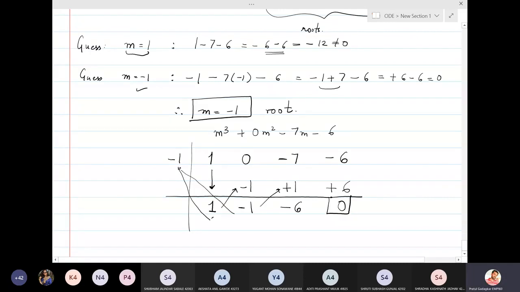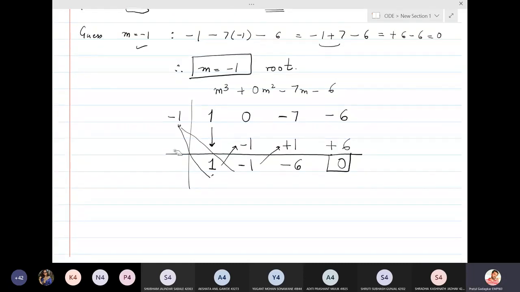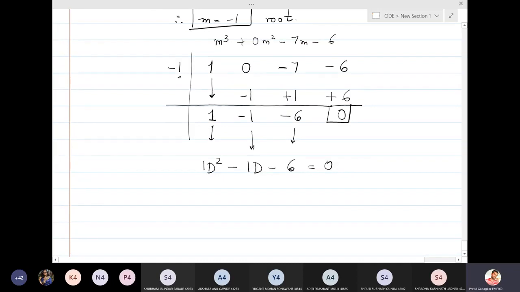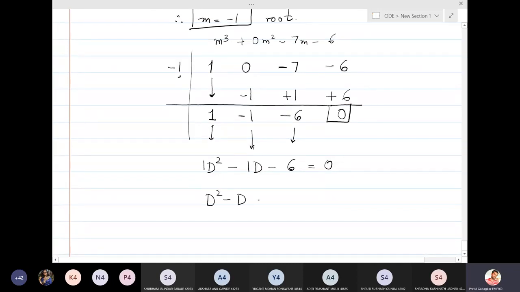Okay. So after I do the synthetic division part, now I have d square minus d minus 6 equal to 0. So these are the coefficients. So d square minus d minus 6 is 0, and minus 6 factorizes into minus 3 times plus 2.